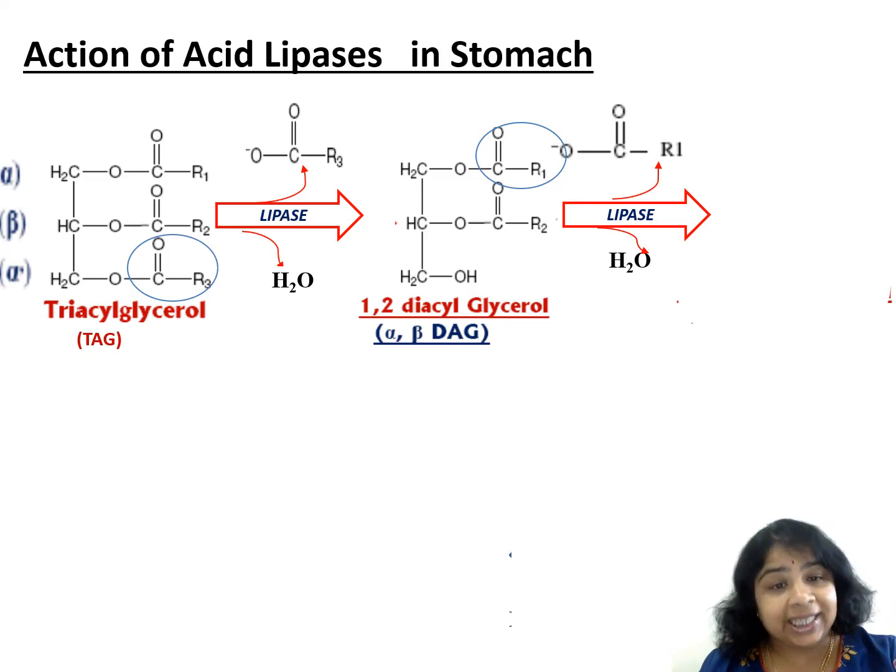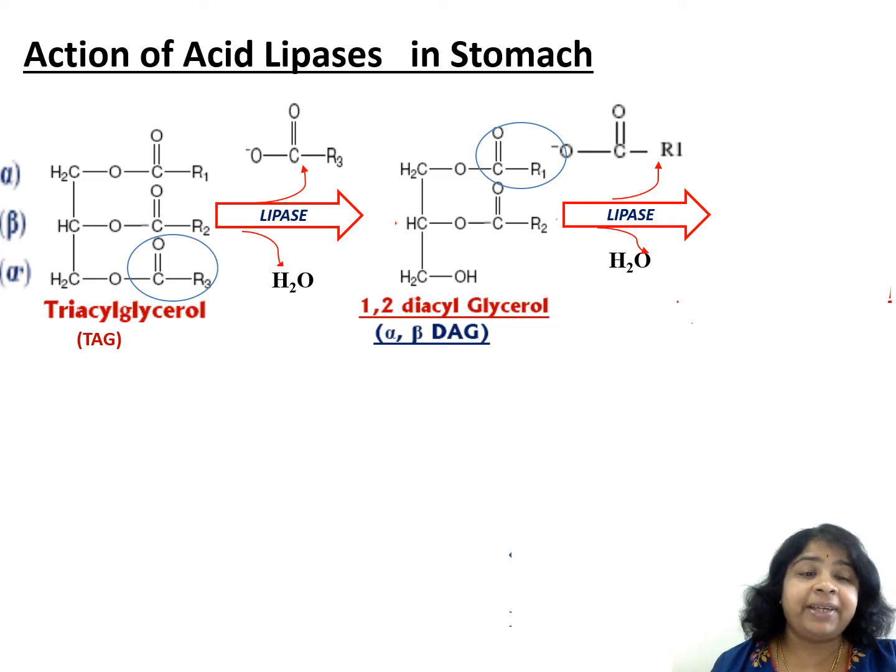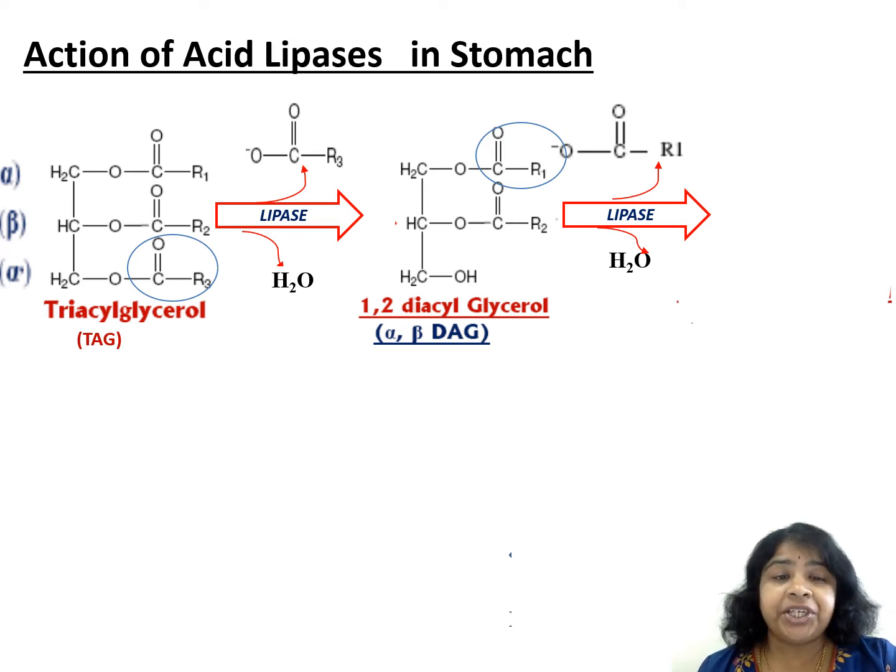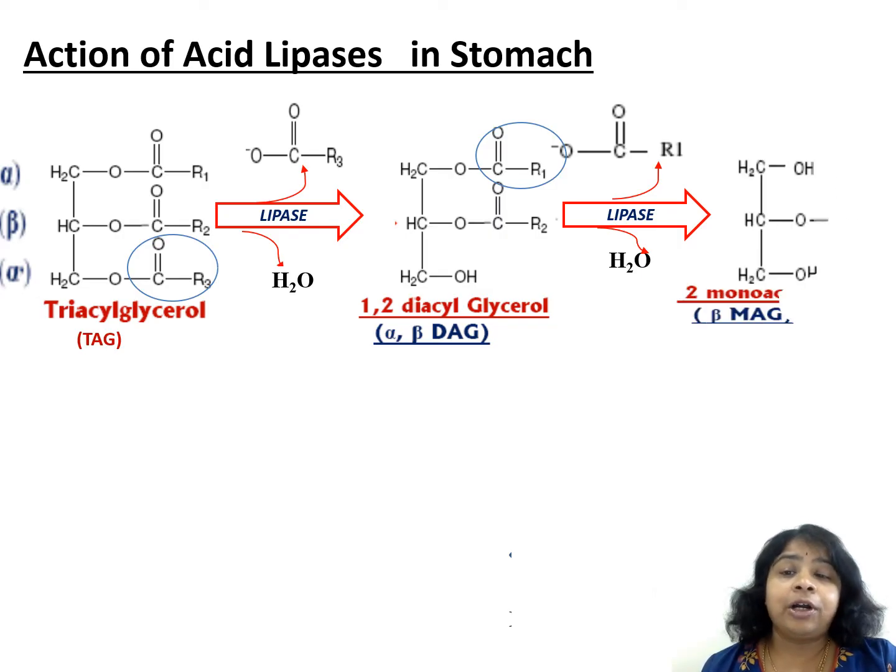Next, again, this lipase will act at position 1 and hydrolyze the fatty acid at position 1 and release a free fatty acid to form monoacylglycerol or 2-monoacylglycerol or beta monoacylglycerol.